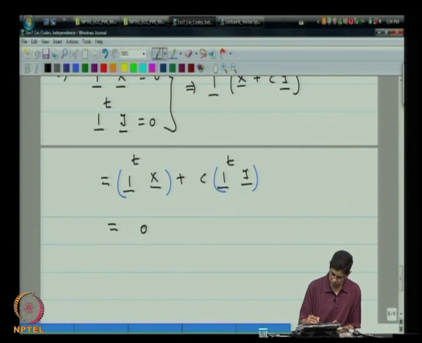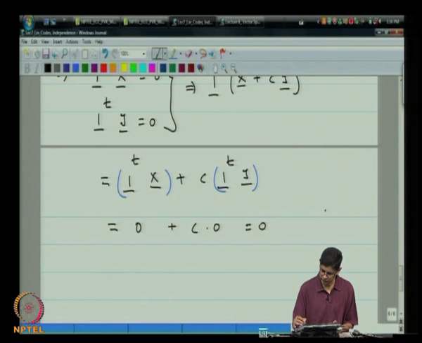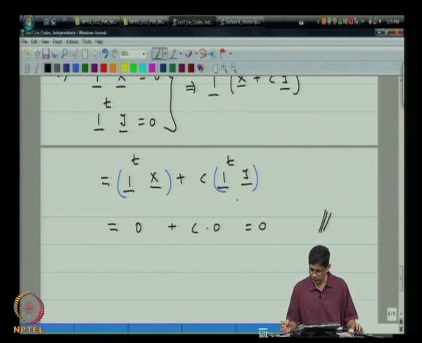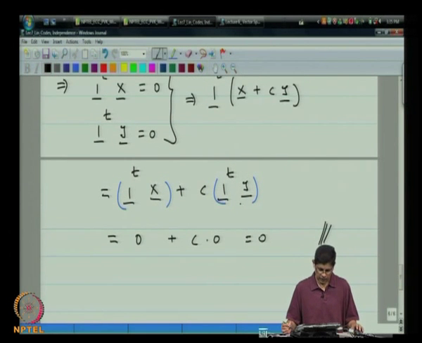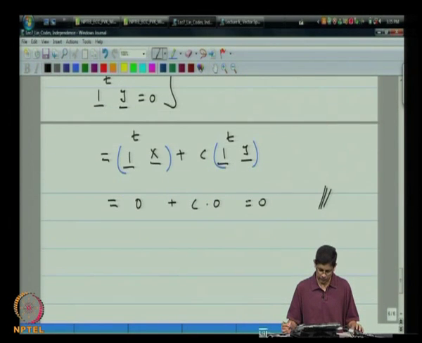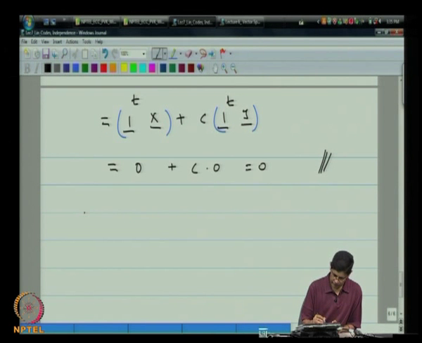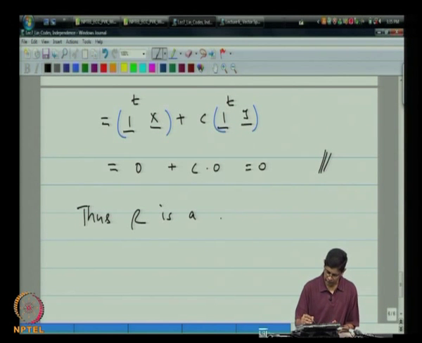So, this is 0 plus C times 0, excuse me, these are scalars. This is 0 plus c times 0, which is 0. So, you are done. All right. So, that ensures that you have a subspace. Thus, the even parity code is a subspace of F2 to the 7.